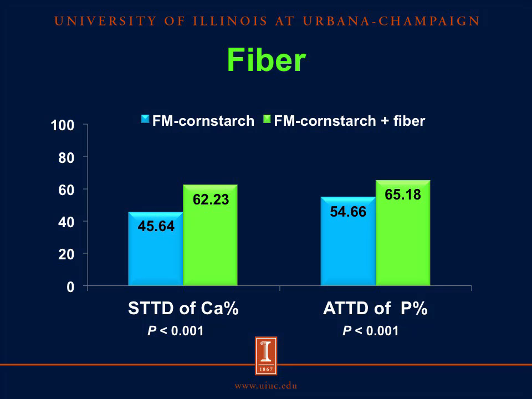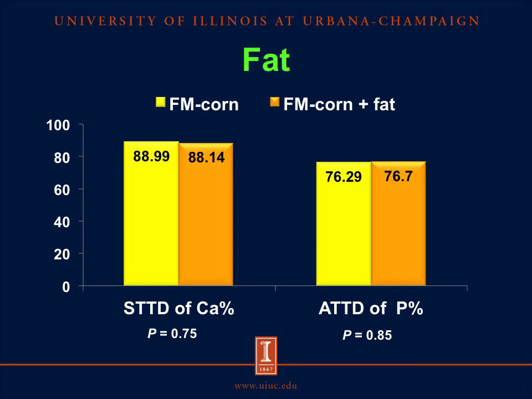Another possible explanation is that in the fish meal cornstarch diet, precipitation of minerals occurs. Therefore, addition of fiber may avoid some precipitation, which results in an increased digestibility of calcium and phosphorus. Here the yellow bar represents the fish meal corn diet, and the orange bar represents the fish meal corn with fat diet.